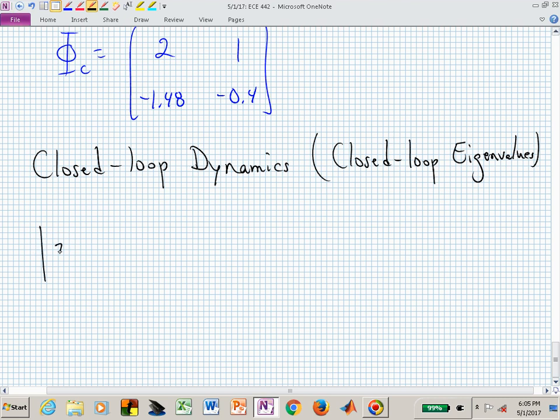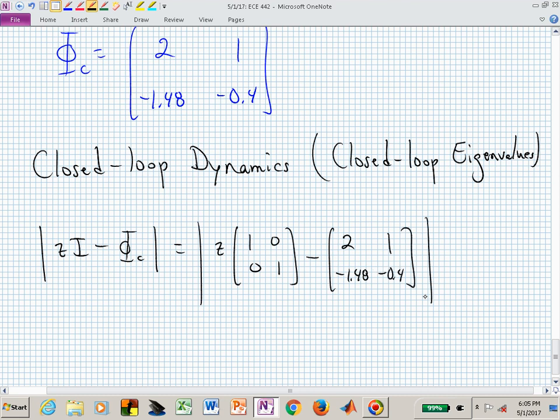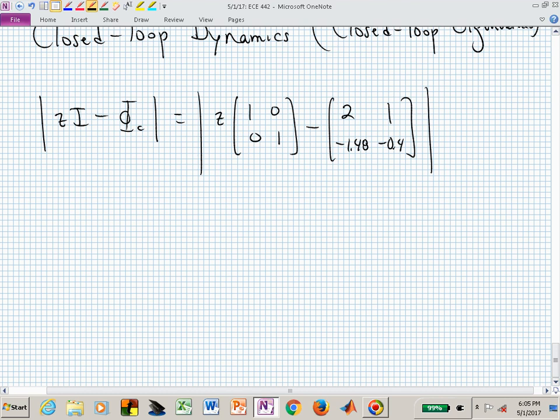This is now the determinant of zI minus phi sub c, or it's now z times a 2 by 2 identity matrix minus the phi sub c, or that's now z minus 2, we have a -1, we have a 1.48, and we have a z plus 0.4.